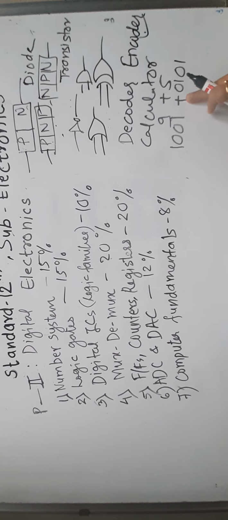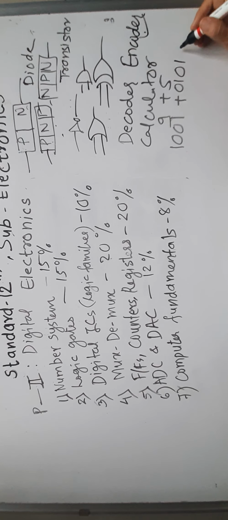Now an adder circuit is there. The adder circuit performs addition of these two numbers and the result will be 1110. But on the display, if we see the number 1110, we cannot understand what this number is. We just want the addition of 9 plus 5, that is 14.